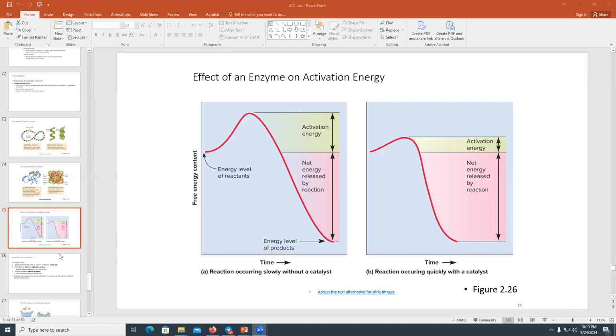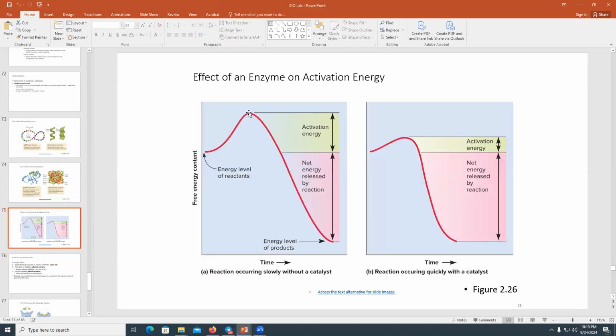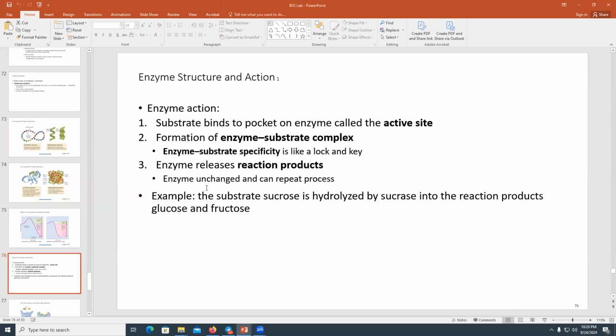We discussed in class that these enzymes bind to the reactants on a site known as the active site, which was on the quiz. This happens when we have an enzyme substrate complex. At the top here is your transition state, where you're no longer a reactant, but you're still not a product. You are in a transition state. And then we release the product.